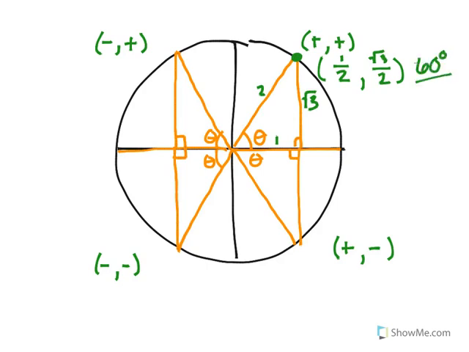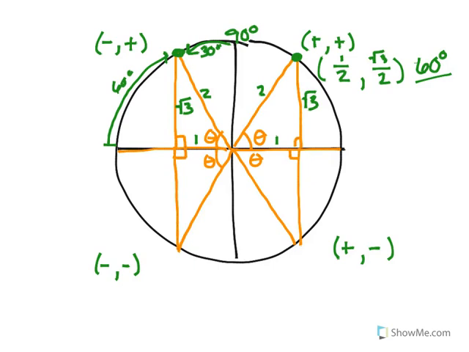Let's move on to the second quadrant. Again, we've got 1, 2, root 3. This degree measure here is going to be 90 degrees plus this much. Remember that this from here to here is what the 60 degrees is representing, which means this must be 30.